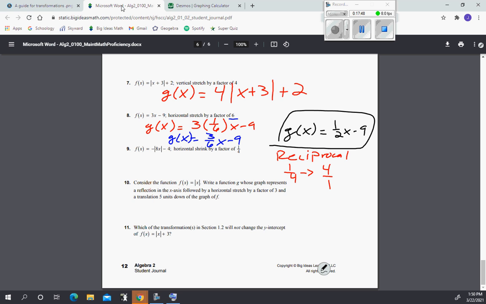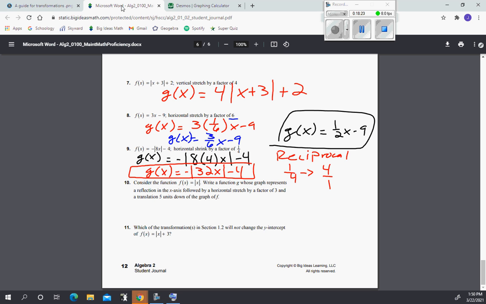So instead of x, we're going to have g of x equals negative, that doesn't change, 8 times 4x minus 4. Okay, final answer, can simplify, g of x equals negative absolute value 32x minus 4. There's our final answer.